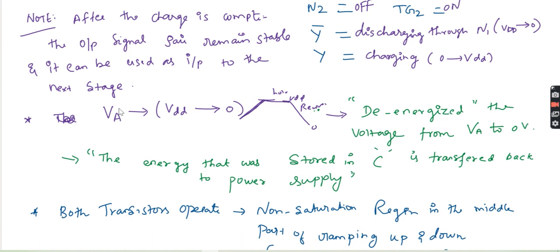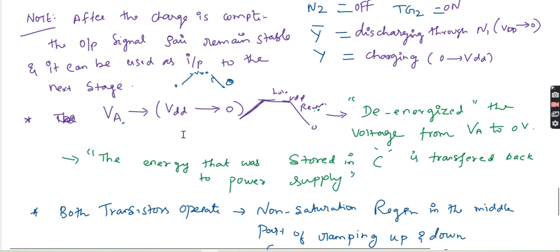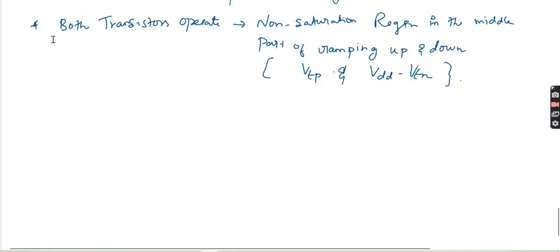But when it is de-energized, when I supply the voltage ramp from 0 to VDD, and then go back from VDD to 0, the circuit will be de-energized. Some of the energy that was stored in the capacitor will be transferred back to the power supply during this de-energized time. Now let us continue with the session.